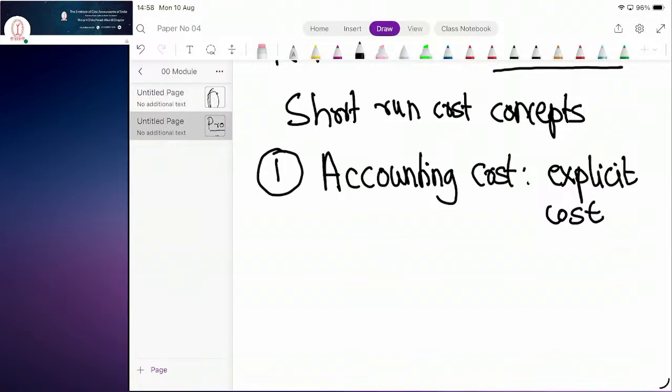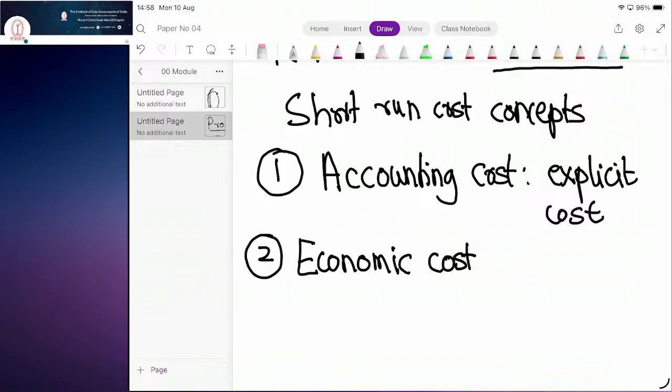And we had seen economic cost, which is the more important idea for us. Economic cost is explicit cost plus implicit cost.